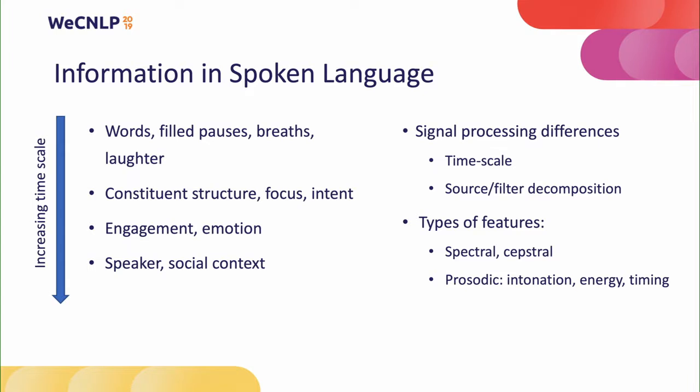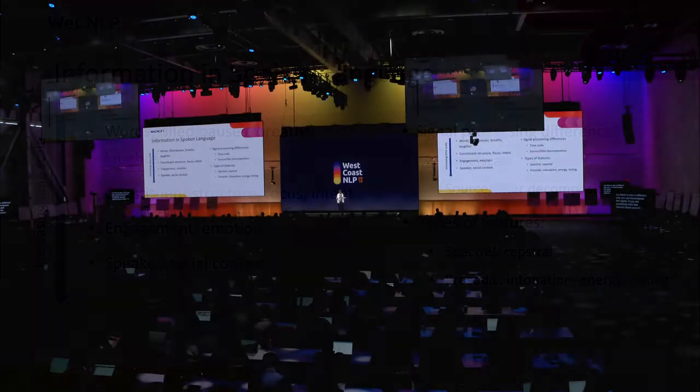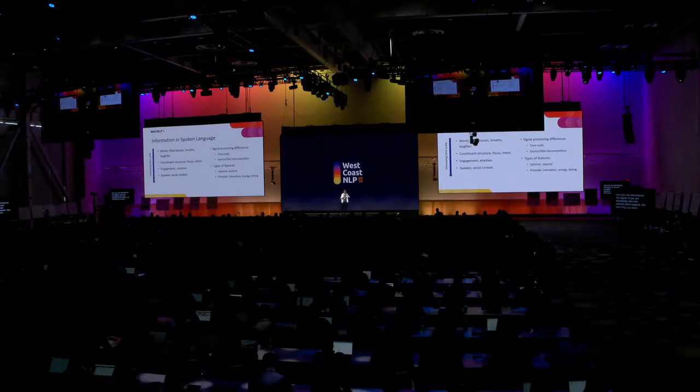On the feature side, if you think about signal processing, there are differences in time scale that I just described. But there's also another way you can decompose the signal. If you've learned about speech, the first thing you learn about is the source-filter idea. Your vocal tract is like a filter, and your vocal cords, or the air you're blowing, are sort of like the source, and you're generating the speech.